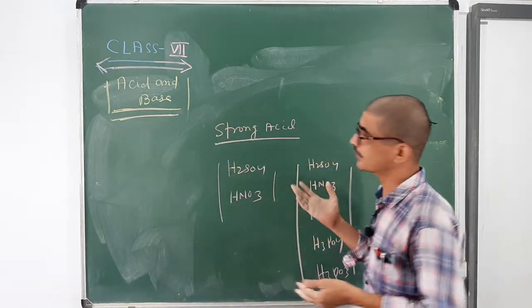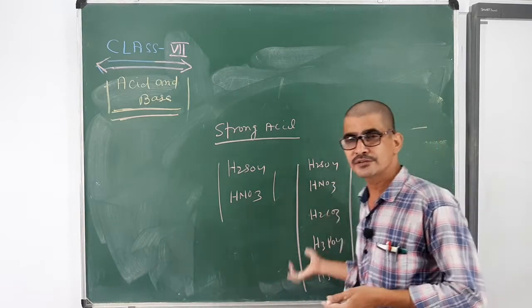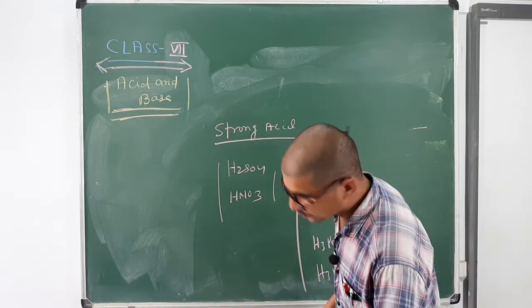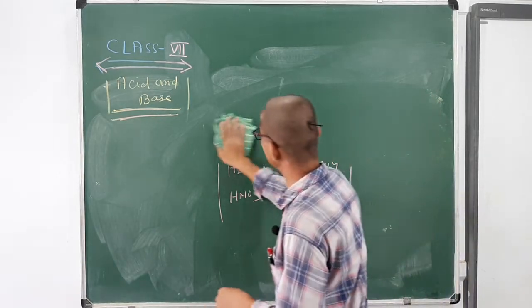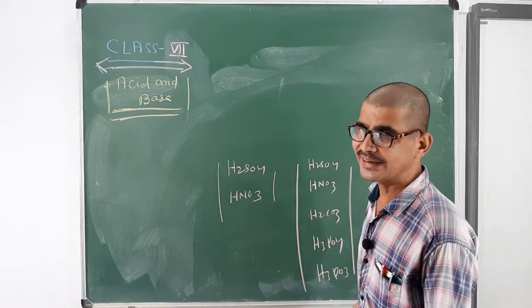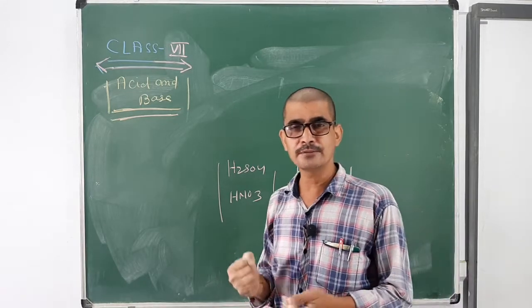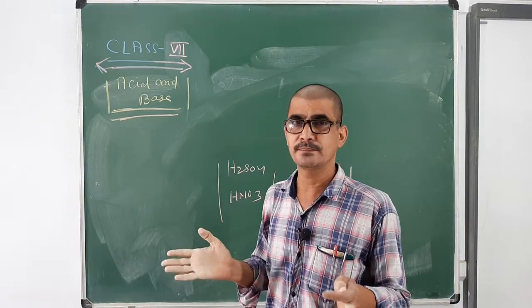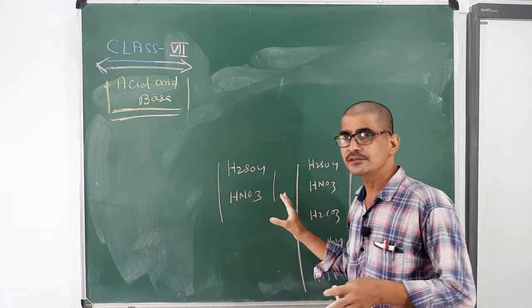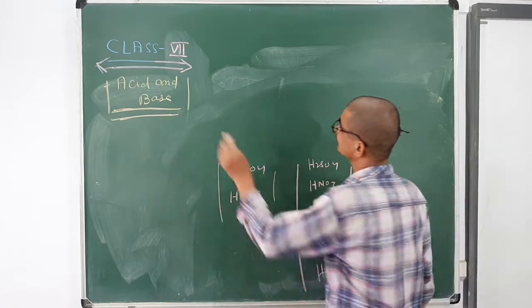But how can we identify which one is a strong acid and which one is a weak acid? So I am just going to explain a very simple technique or trick. With the help of this trick, we are able to identify, without doing practicals, whether an acid is strong or weak.